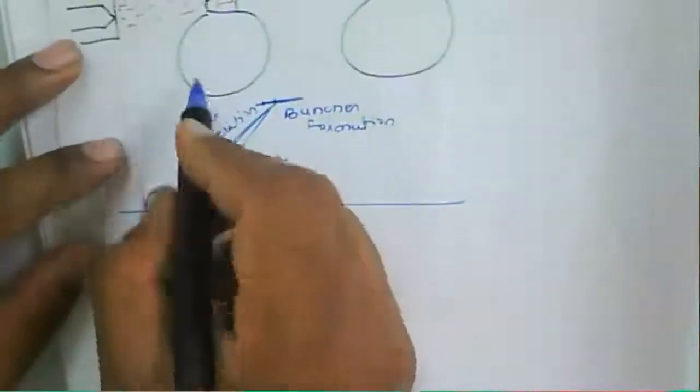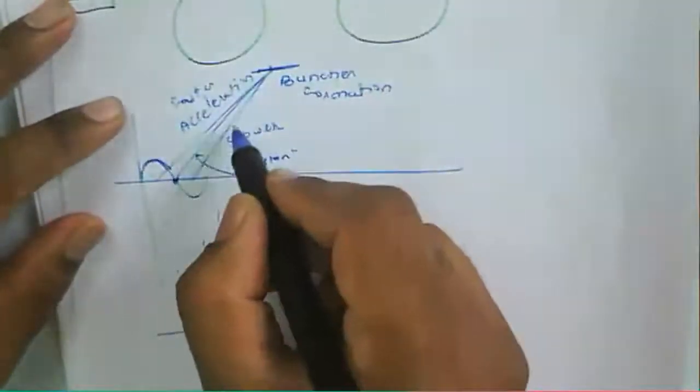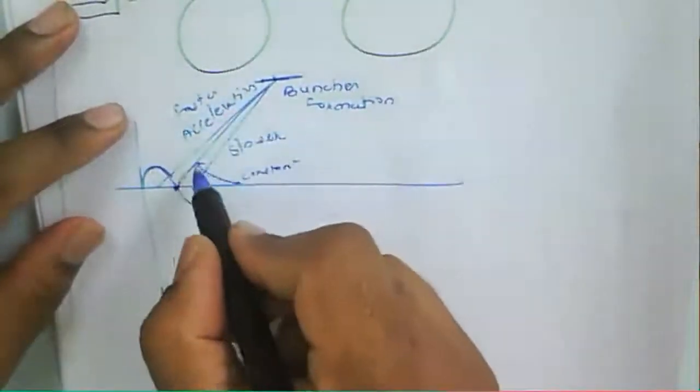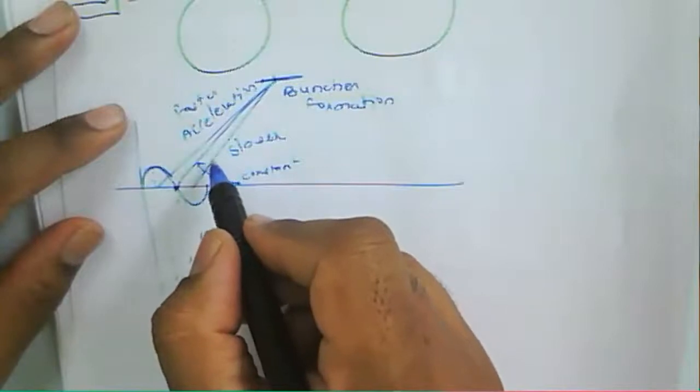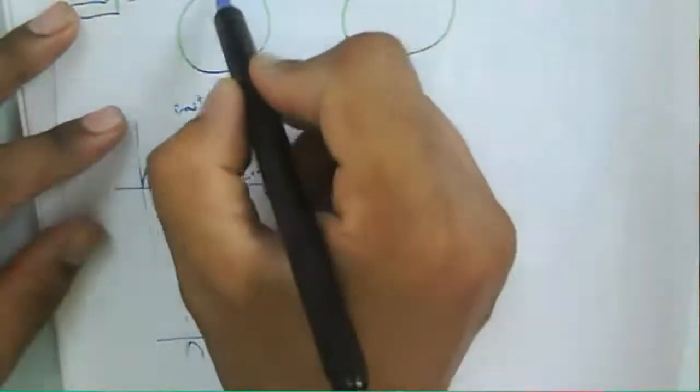What happens here is that acceleration and deceleration of electrons takes place across this buncher cavity.